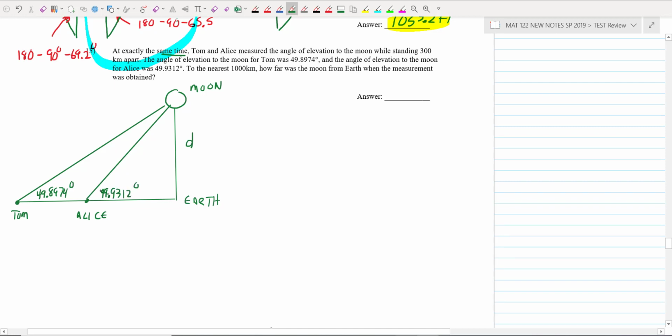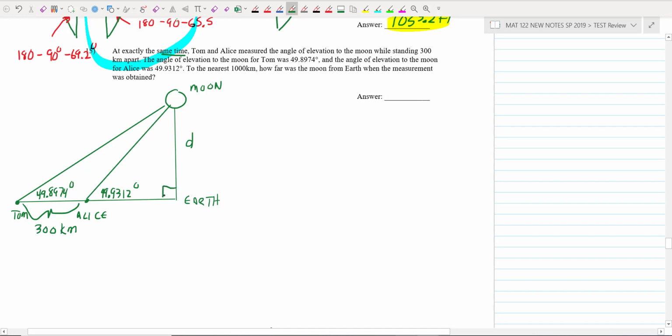You have to reason out that this angle's bigger than that; the closer you get, the bigger the angle's going to get. But the measurements are so close to each other because the moon is really far away. The other thing the problem said is Tom and Alice are 300 kilometers apart. And that's all you're given in the problem.